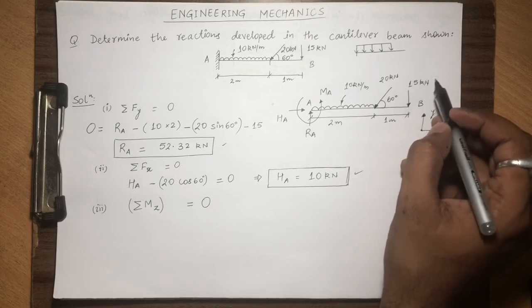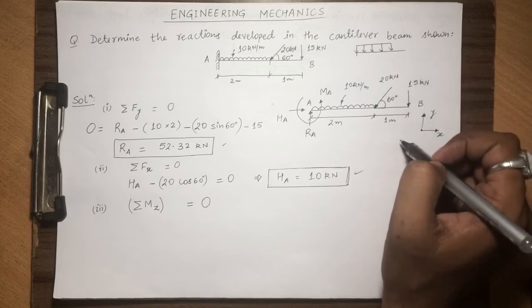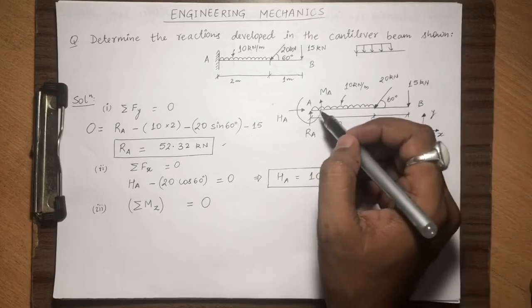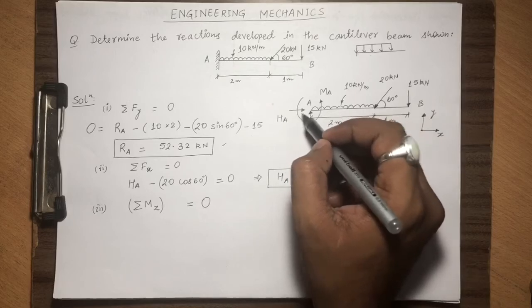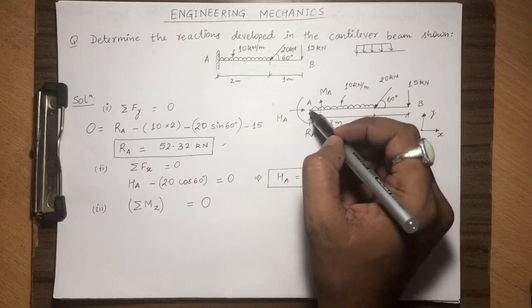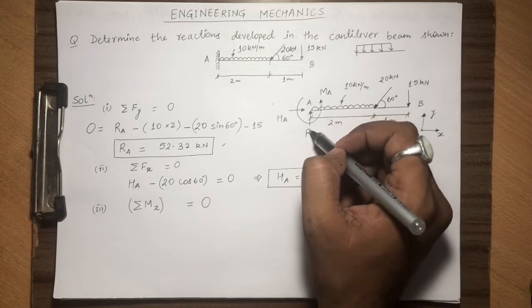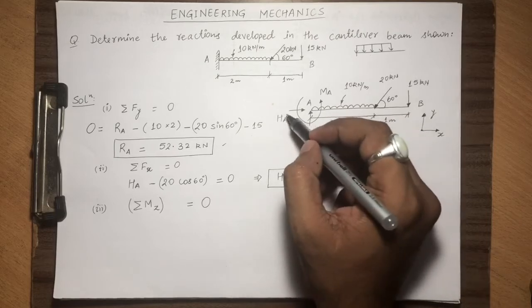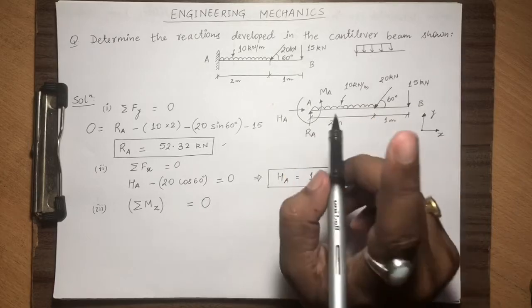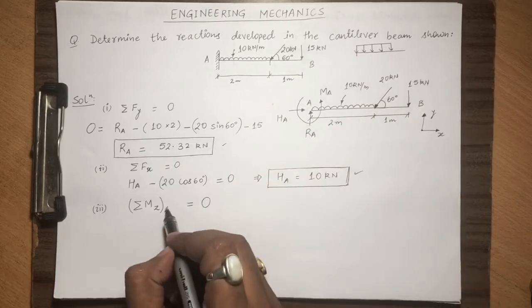So only one force is giving moment 0 about point B. But what about point A? Let us see. Here two forces are passing. So these two forces multiplied by this distance will be 0. So here we are able to eliminate two forces. So we have to choose this point very carefully.